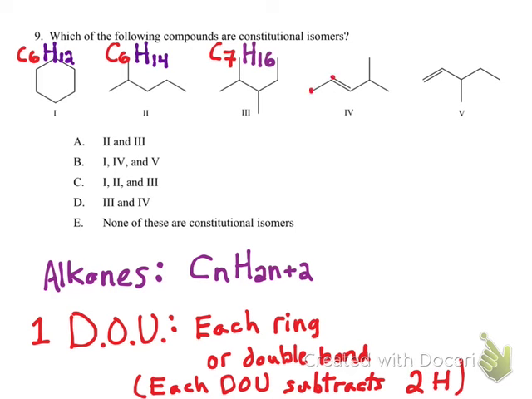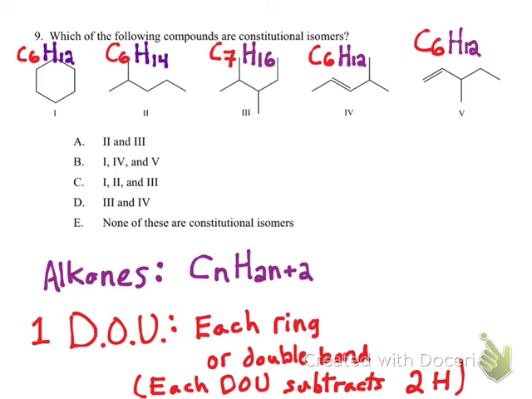The next one, 1, 2, 3, 4, 5, 6 carbons. And 1 degree of unsaturation, meaning that it would be C6H12. And then finally the last one has 1, 2, 3, 4, 5, 6 carbons, and again 1 degree of unsaturation, so it's going to be C6H12 as well.